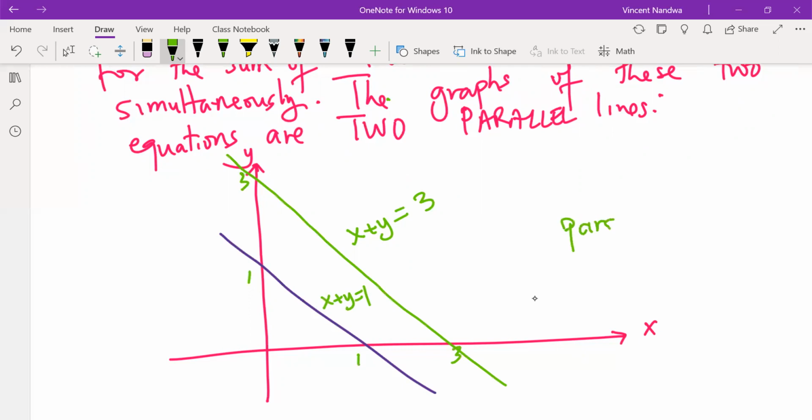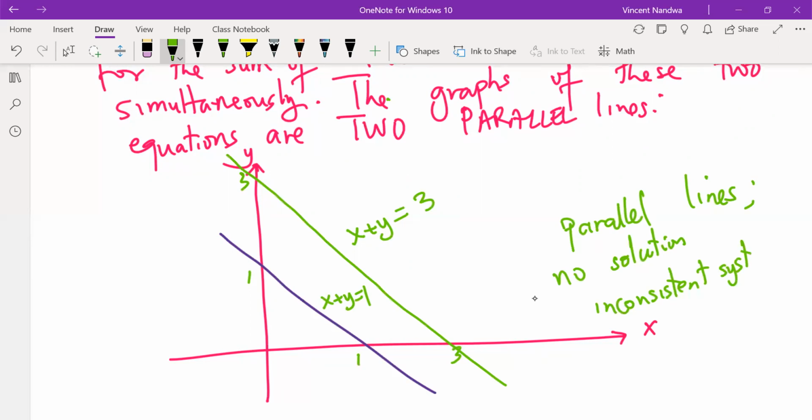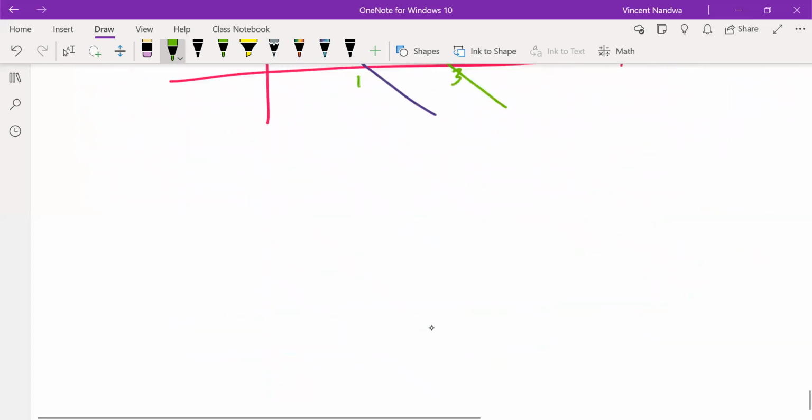So these are parallel lines. No solution. And this is an example of an inconsistent system. So majorly, those are the three different scenarios. For a system of linear equations, we can have exactly one solution, or infinitely many solutions, or no solution at all.